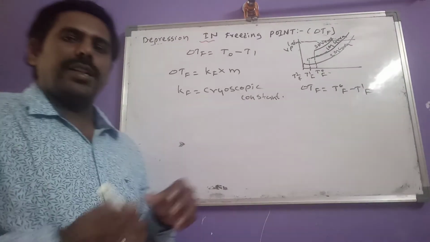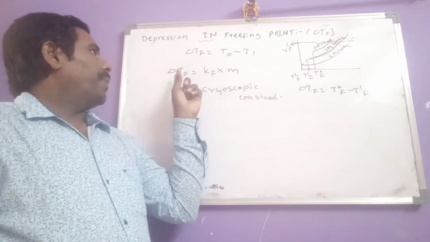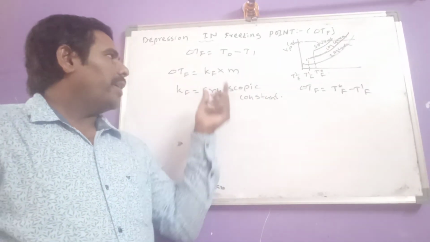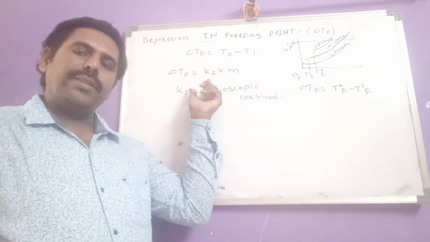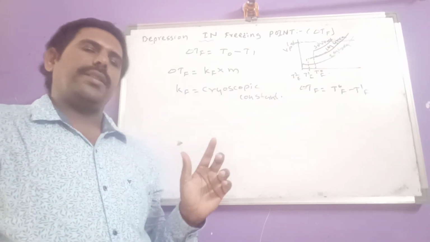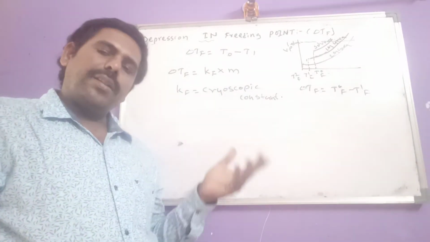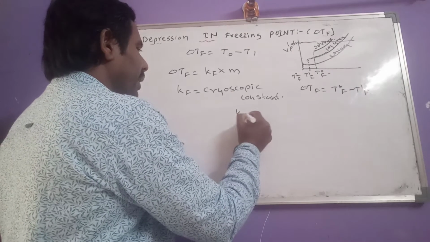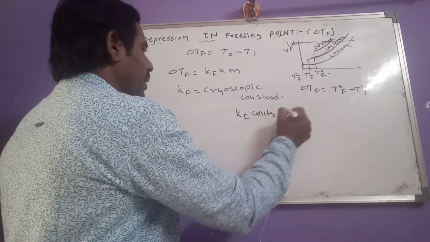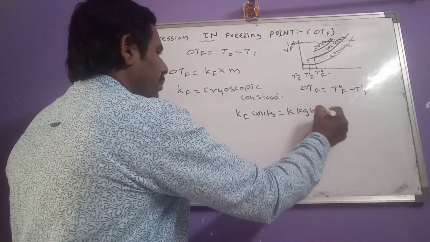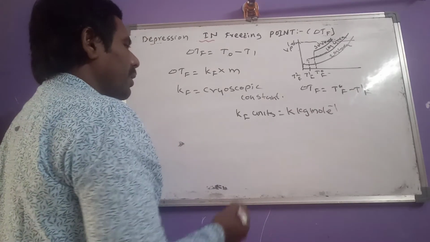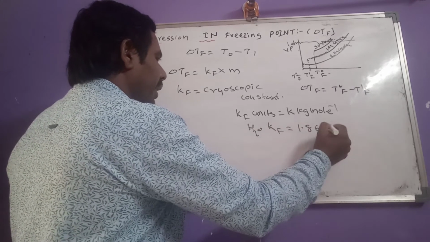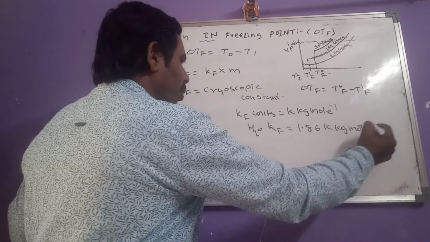What is its definition? Depression in freezing point observed for a 1 molal solution is known as cryoscopic constant or molar depression constant, and its units are similar to those of Kb. What are the units here? Kf units are Kelvin kilogram mole to the power minus 1, and for water the Kf value is 1.86 Kelvin kilogram mole inverse.